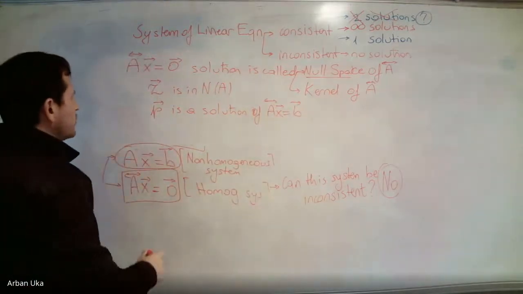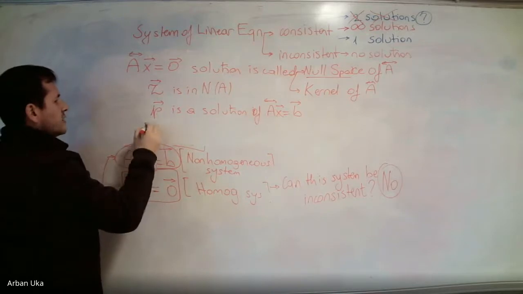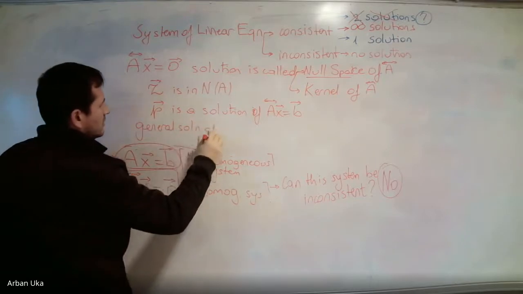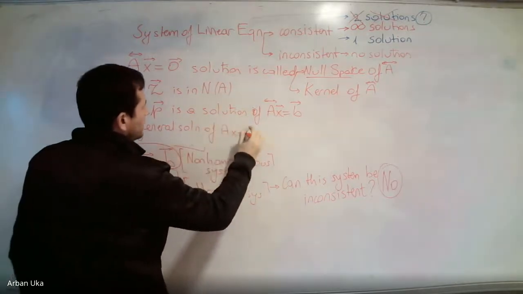Then the general solution of AX equal to B, let's write it like this, general solution of AX equal to B.